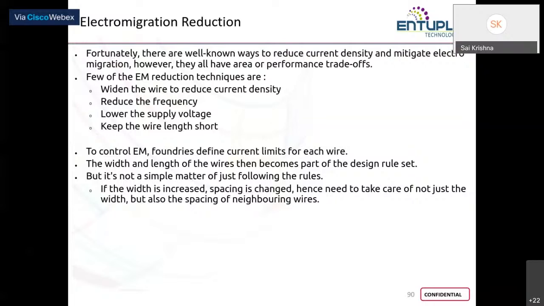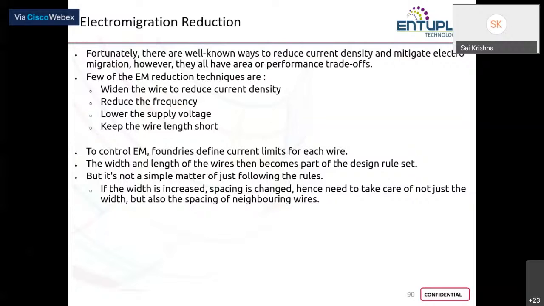The answer is yes. So the first and mostly used technique is to widen your wire to reduce your current density. That is nothing but your non-default routing type. And then if you use lower input voltage, the corresponding current also will be less. So electromigration may not happen.